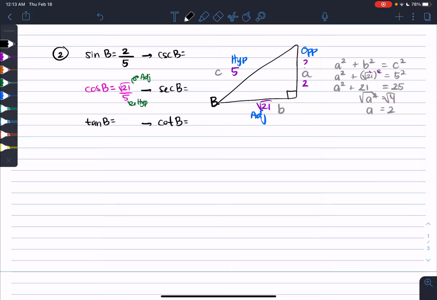Cosecant, this one right here, is the reciprocal of sine. So flip those guys, we end up with 5 over 2. Secant is the reciprocal of cosine. So we get 5 over root 21.